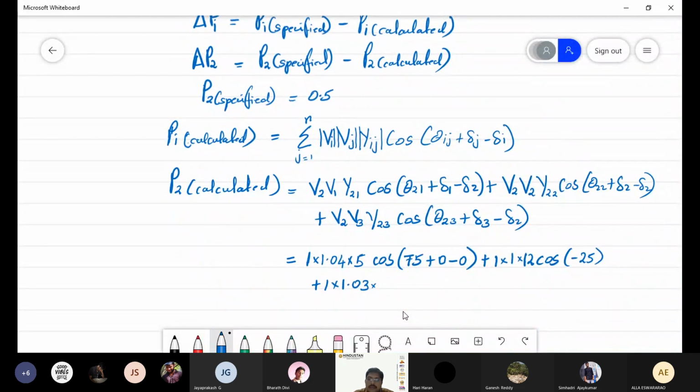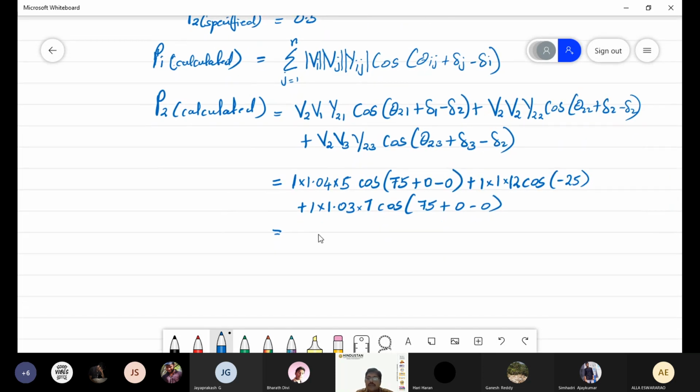We can substitute 7, and here the angle is 75, that is 7 cos of 75, plus del 3 value is 0, and similarly this value is also 0. Already we know that. Now we have to simplify. Once we are able to simplify, we will get the answer.